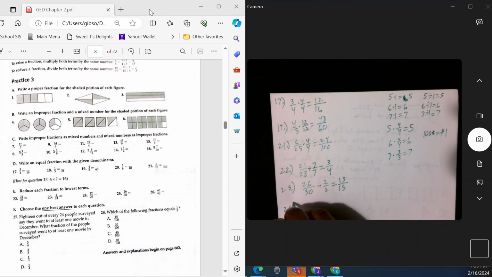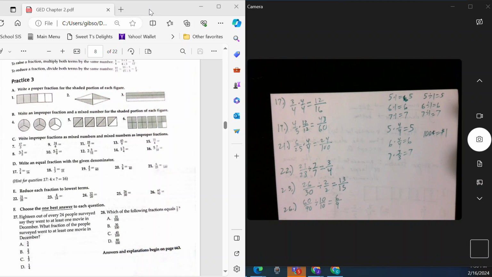Now for 26, we have 60 over 90. Now, 60 over 90, one thing that we could see real fast is that first of all, they're both even, so we could do 2. But because both of these end in 0, we could actually divide both by 10. 60 divided by 10 is 6. 90 divided by 10 is 9.